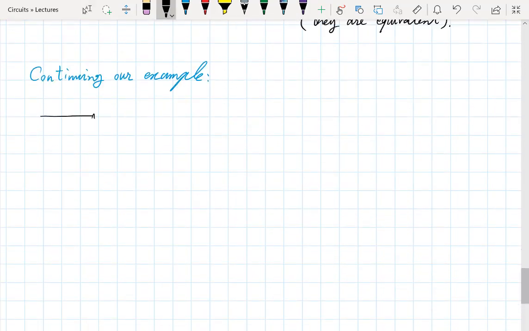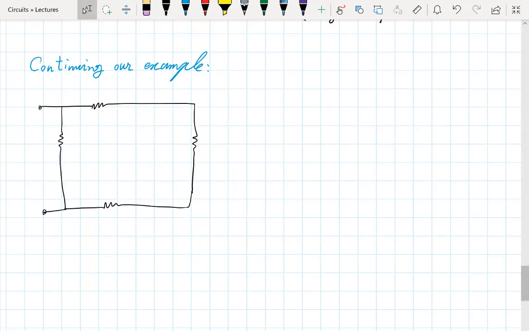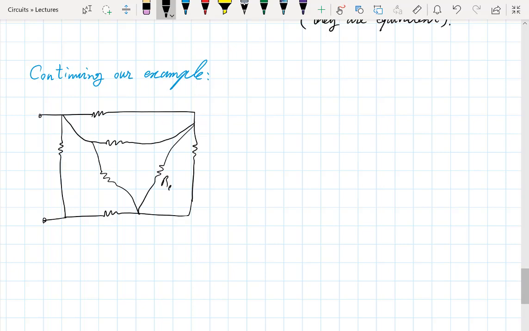So this is what I had around the circuit. Do I have it correctly? And then instead of what I had in the middle, now if I put a delta, I end up with something like this: RA, RB, RC.